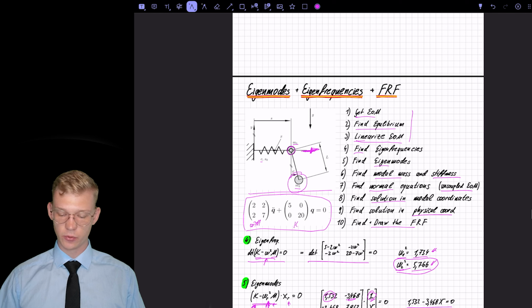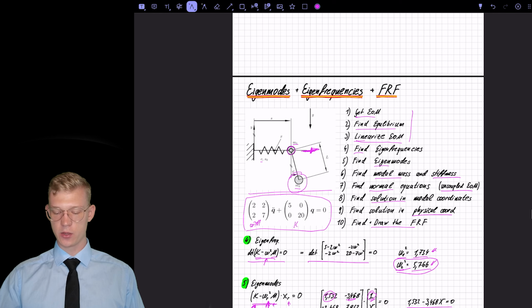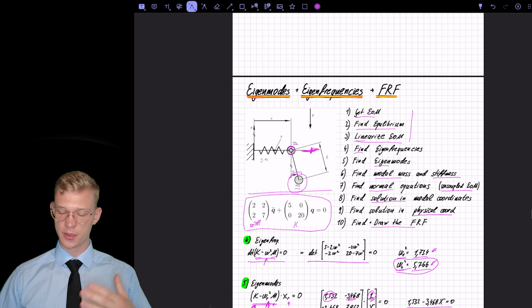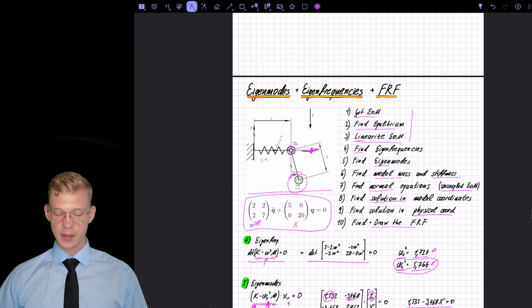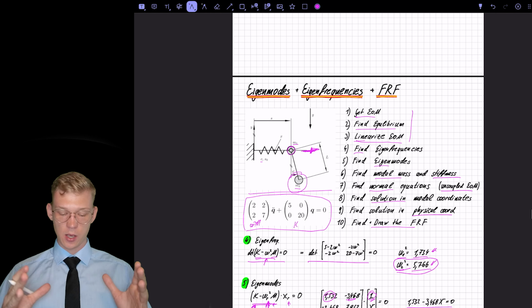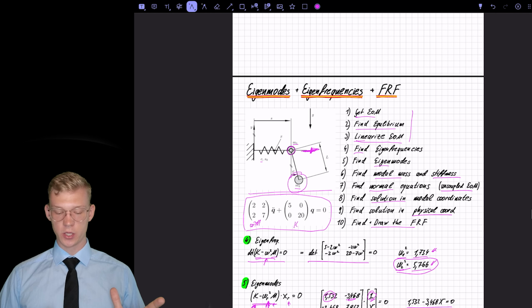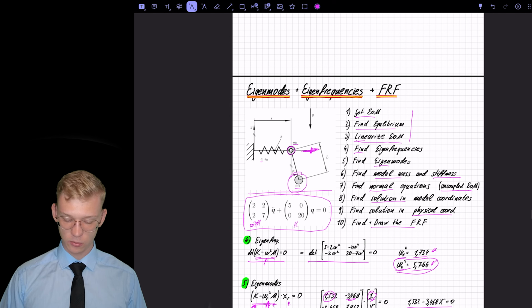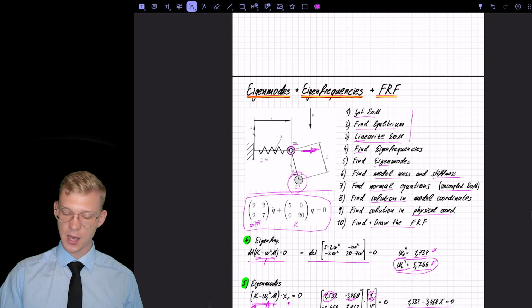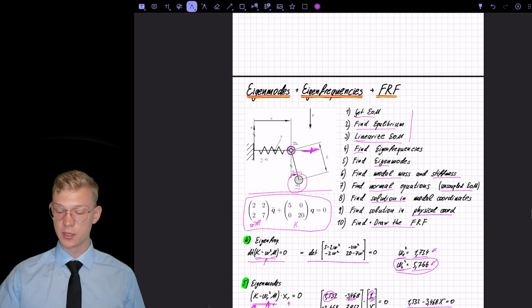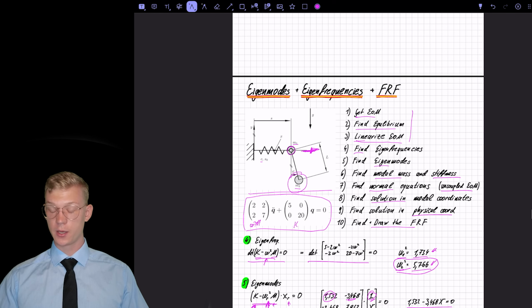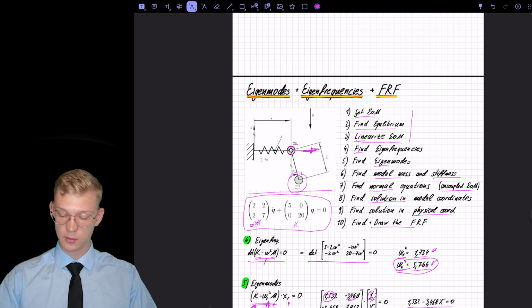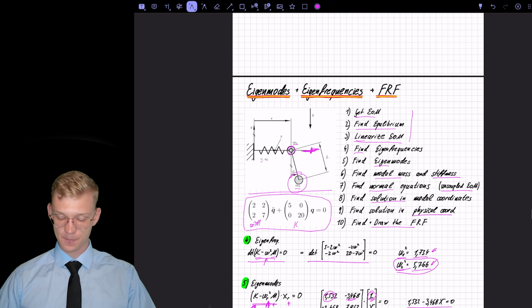I'll just summarize it real quick. So we had a recipe that we had to follow where we got the eigenfrequencies and eigenmodes. Then we found the modal masses and stiffnesses, got our normal uncoupled equations in the modal space. Then we used that to find the solution in the modal space with the help of the initial conditions, because we need them because we have a system where we have a derivative in time twice.